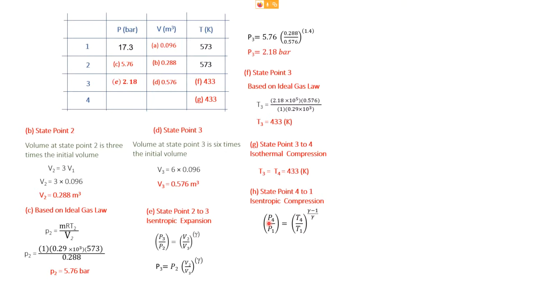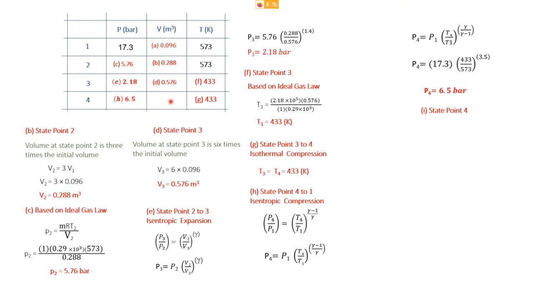So from here, you can find out pressure P4. But remember, there is something wrong here already. Pressure to temperature should be power of gamma over gamma minus 1. So you can find out your P4, 6.5 bar. Please double check your work later on. For state point 4, you can use the ideal gas law to find out this empty space here. Once you got your V4, write it down.